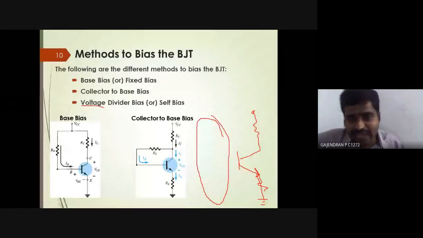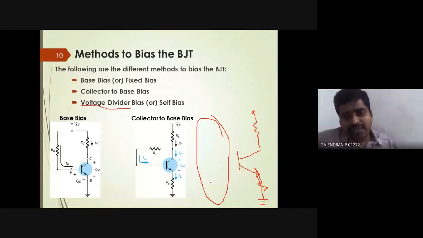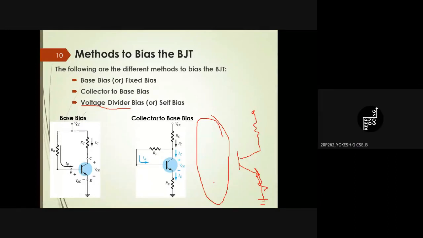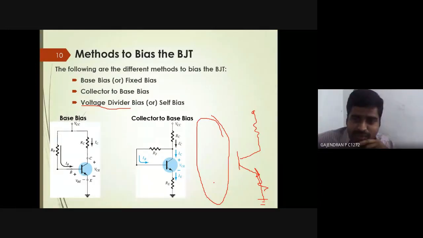Voltage divider bias. So what can be here? Are the resistors connected in series combination or parallel combination? Series. Okay, any attempt from your side on how you will connect, and which terminal you will give to the base? Any clue from your side, please?